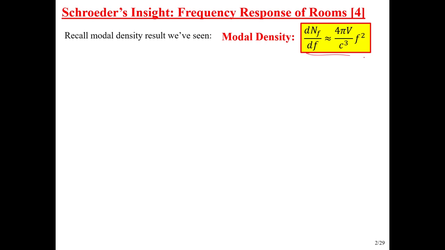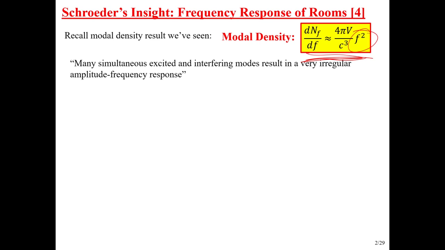He discusses this result, which we saw in the previous note set, or 2 back actually, where we said that the density of the modes along the frequency axis increases quadratically as frequency goes up. And here's a quote right out of Schroeder's paper, his 1961 paper. He said, quote, "Many simultaneously excited and interfering modes result in a very irregular amplitude frequency response."